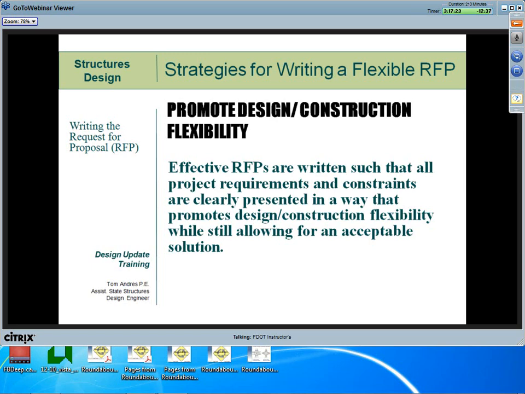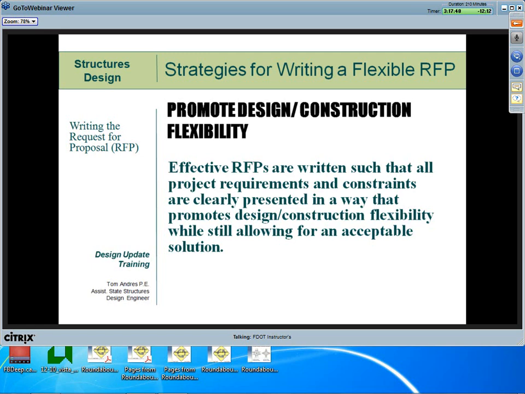It also likely requires support staff to evaluate proposed options during the ATC process, especially on large and complex jobs. As I mentioned earlier, writing an effective RFP is not an easy task. It involves clearly defining the constraints, scope of work, and functional requirements in such a way that promotes flexibility.